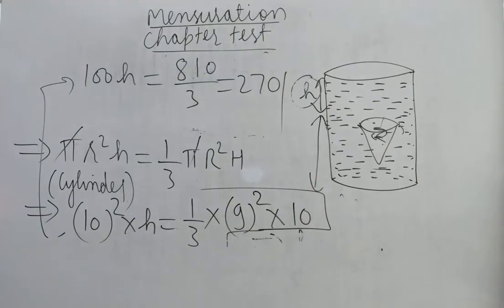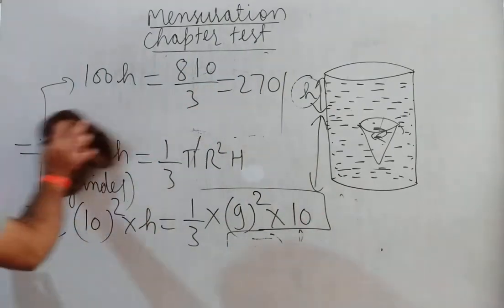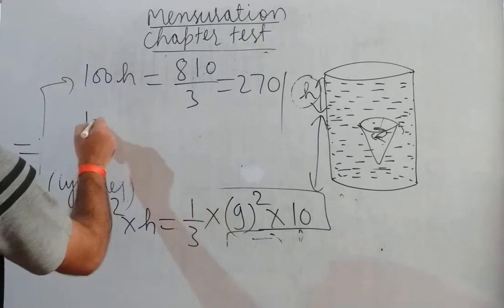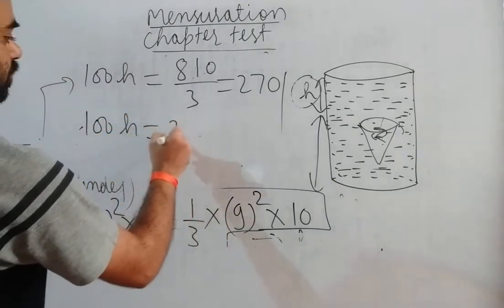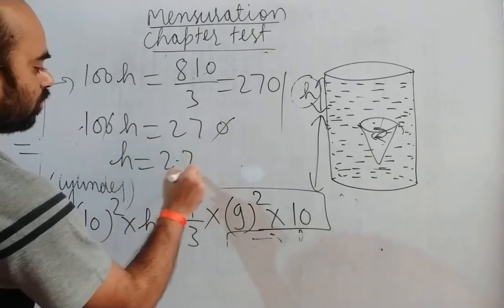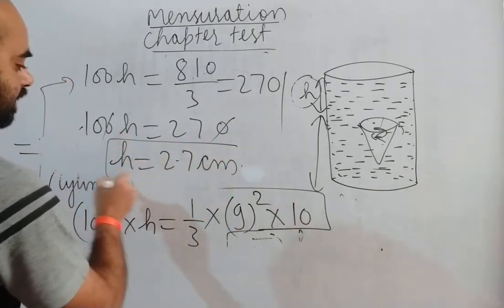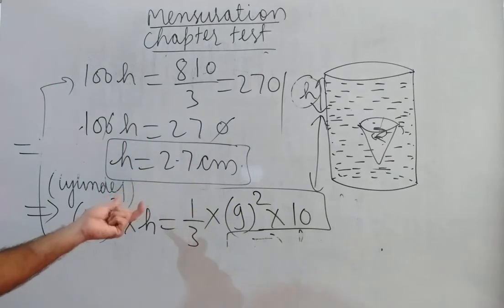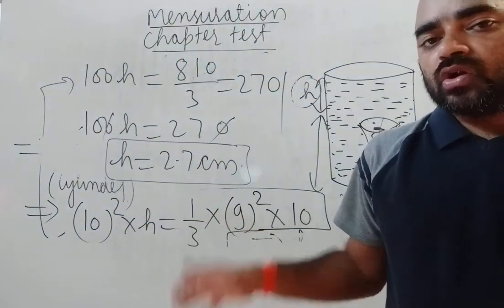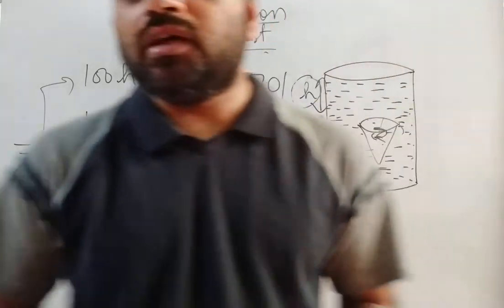That was the mistake. This is 270. Then h will be, see, 100h is equal to 270. It means h will be 2.7 centimeter. This is the rise in water level when the solid cone is dropped or lowered in the cylindrical jar.